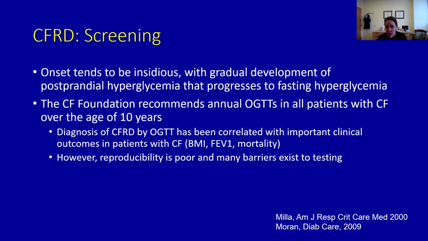And the oral glucose tolerance test is the screening test of choice. The reason the OGTT was chosen in particular is that this test and the diagnosis of diabetes by this test has been correlated with important clinical outcomes like pulmonary function, BMI, and mortality. But the reproducibility is poor, and many barriers exist to getting this testing done.